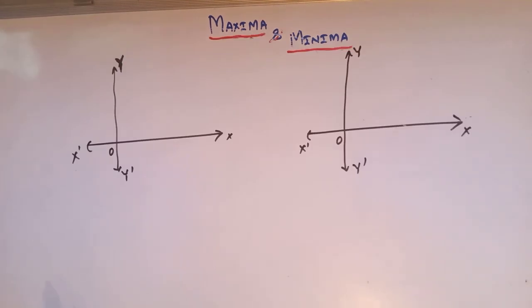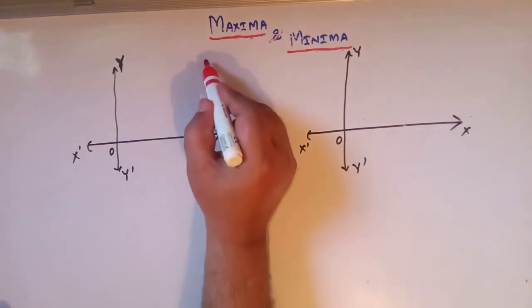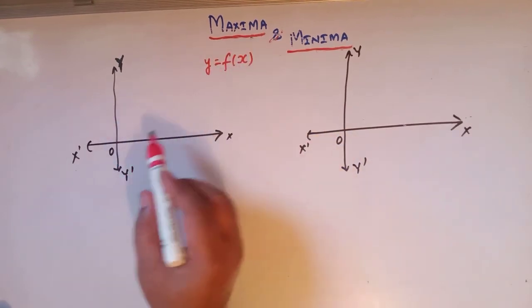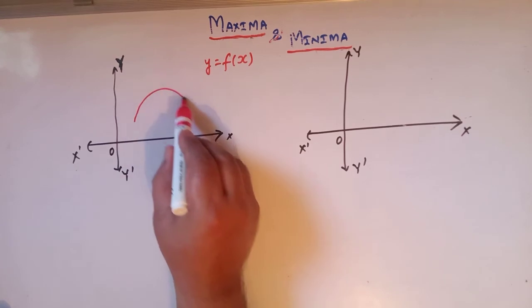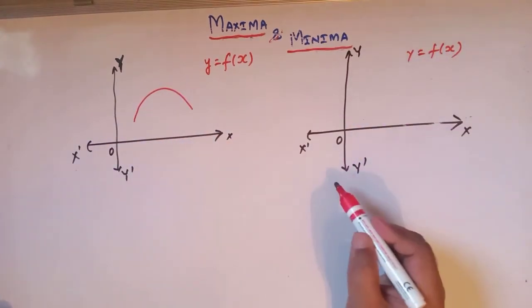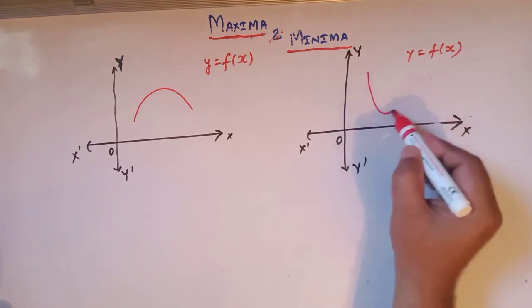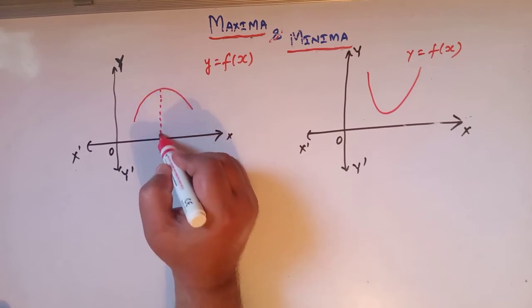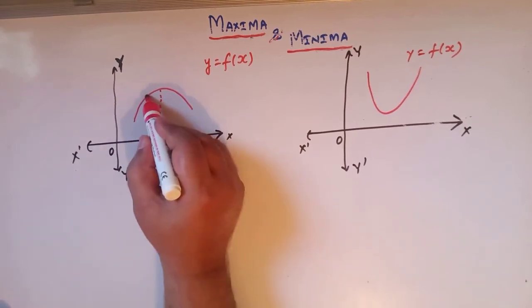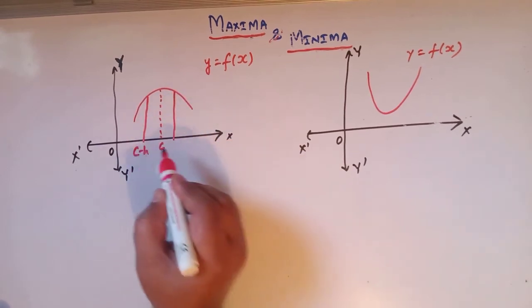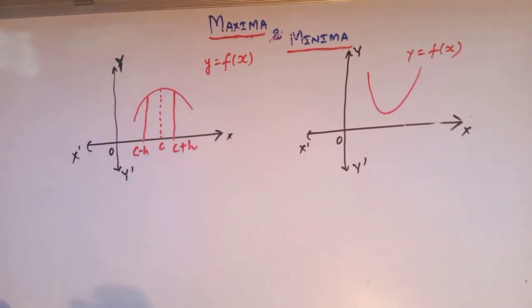So viewers, now I am summarizing the first derivative test. Suppose we have the function y equal to f(x), and say its graph is like this. If this is the point C, then we take one point here and one point here: this point is C minus h, this point is C plus h.